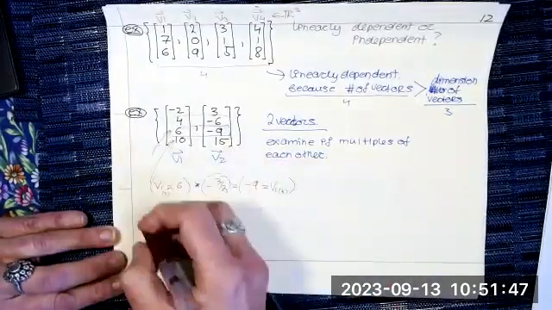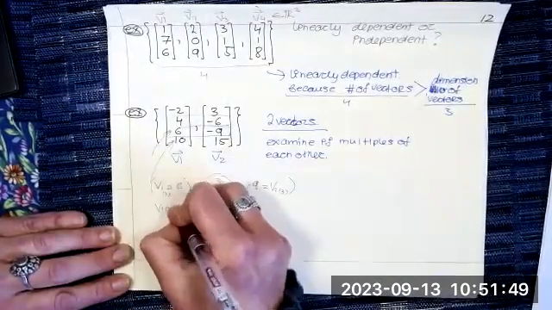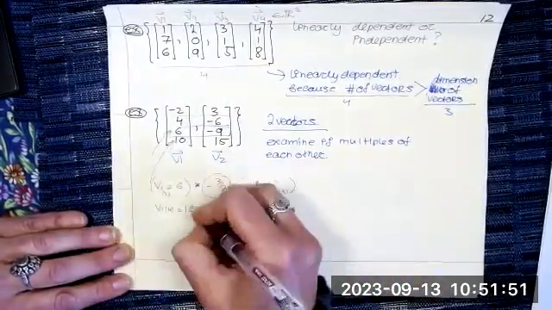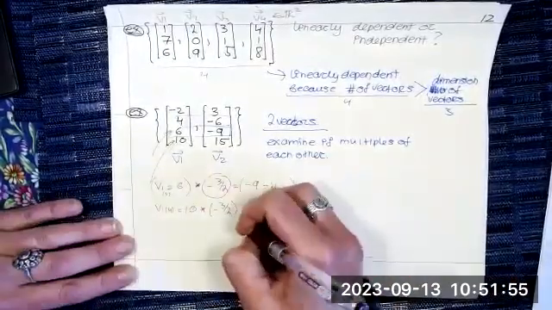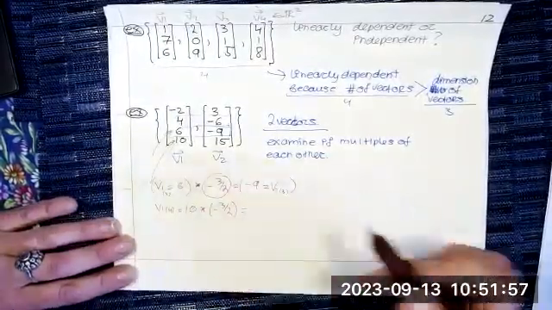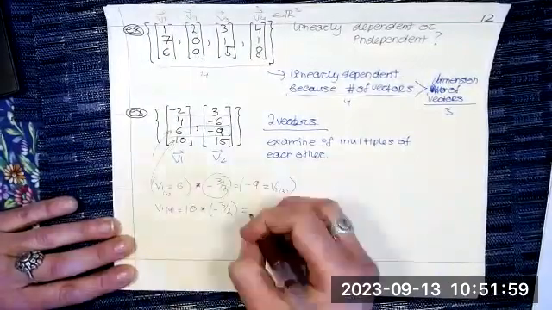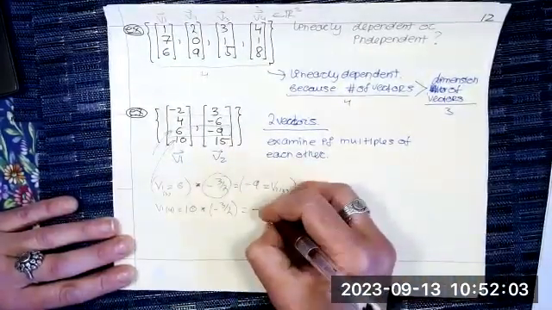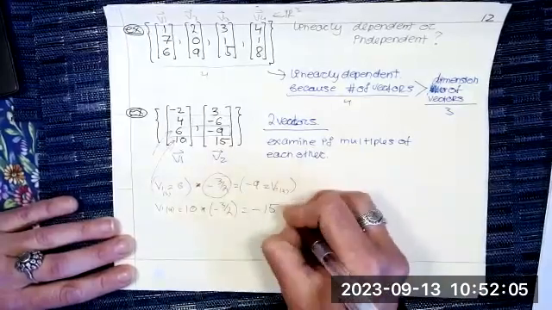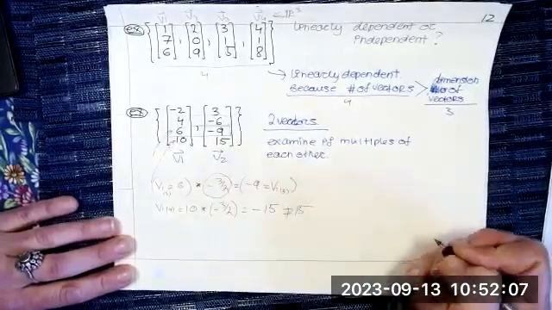But in the fourth component, if I take V1's fourth component, which is 10, and multiply it by minus 3/2, then I'm not going to get 15. I will have a negative value. I'll get negative 15, which is not equal to 15.